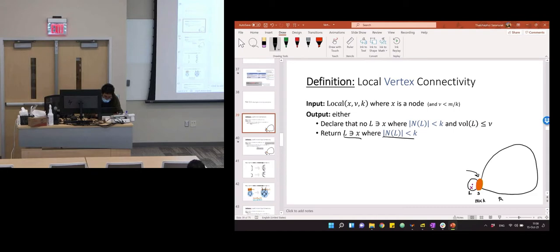After removing these k nodes, the neighbors of L, L is disconnected and the volume of L is something like nu k.